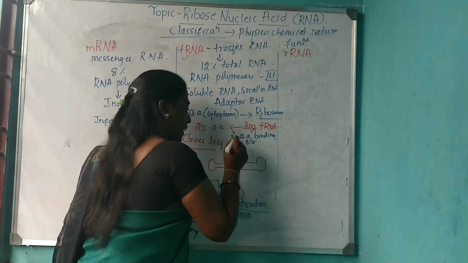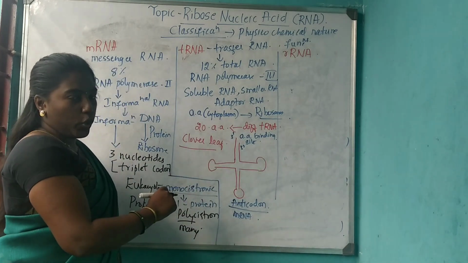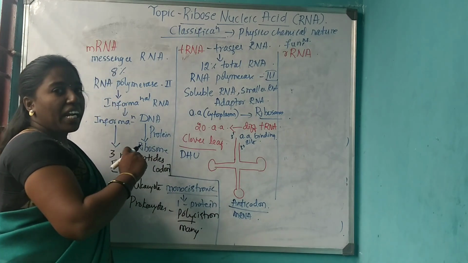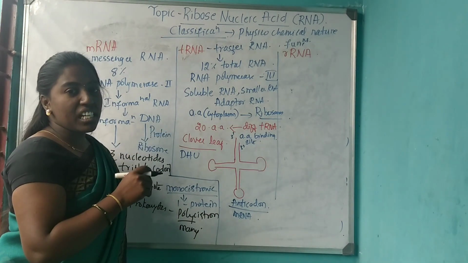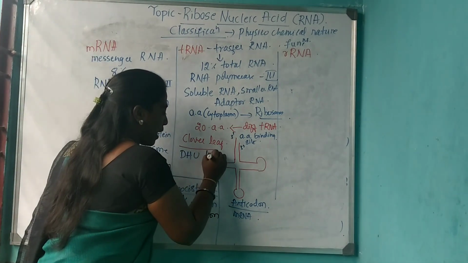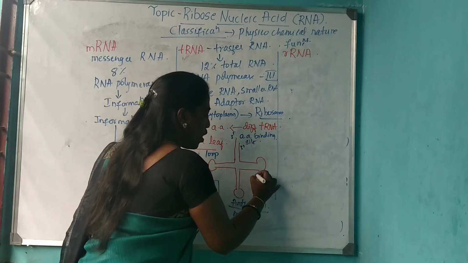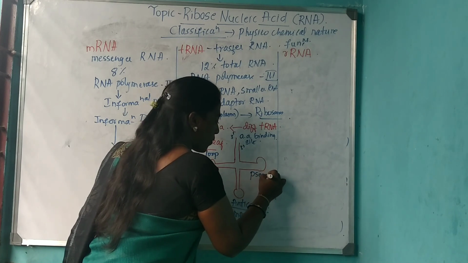Next, on either side you can find loops. One is called the DHU loop, meaning dihydrouracil loop. On the other end you will find the pseudouridine loop.